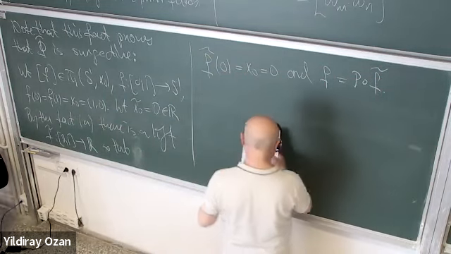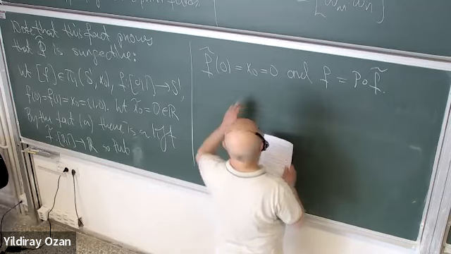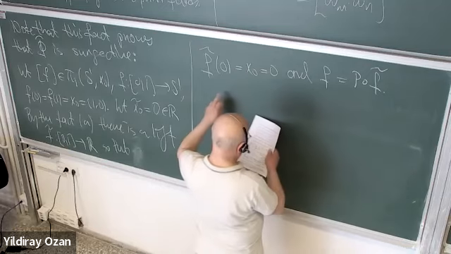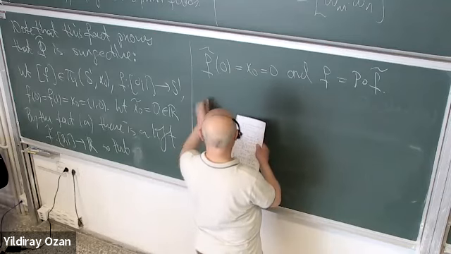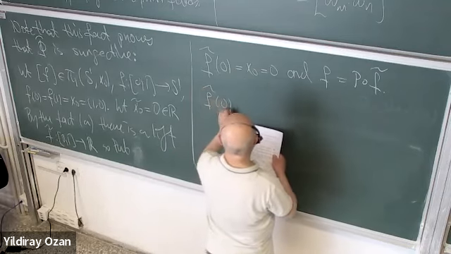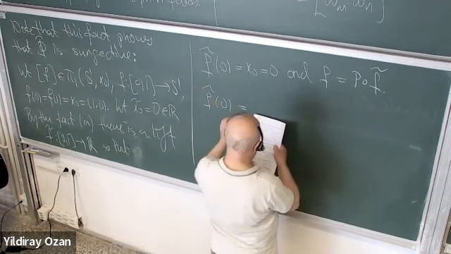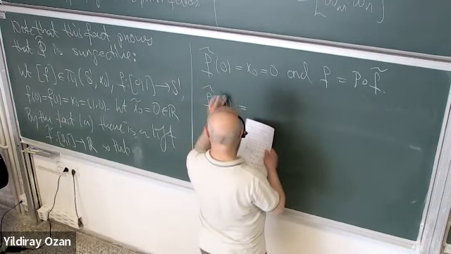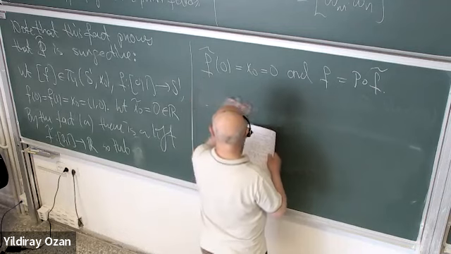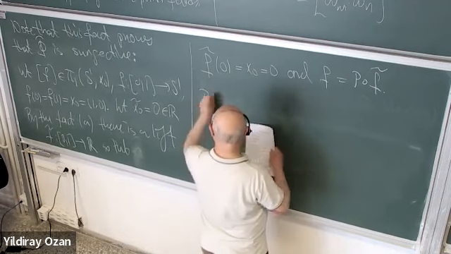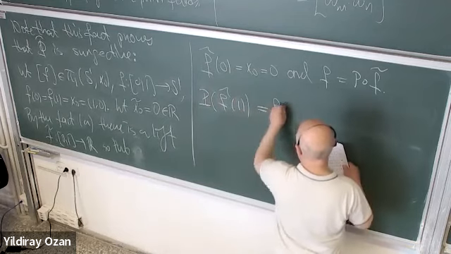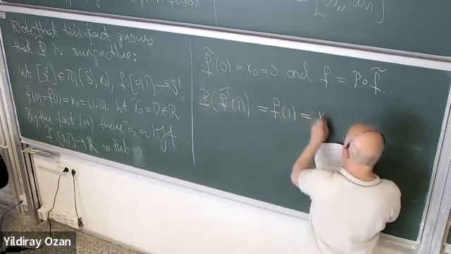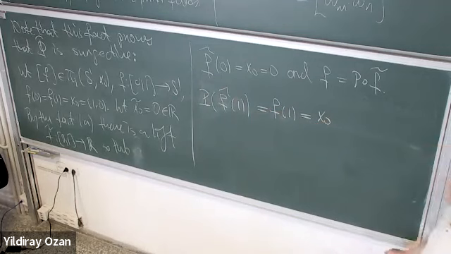Because of this, we have the following. P of F tilde 1 is just F of 1, and that is x0, right?